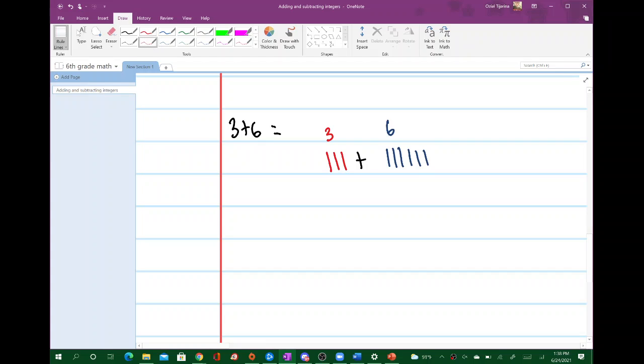Now when you add them together, you have 1, 2, 3, and then going again, 4, 5, 6, 7, 8, 9, because this is what 6 is, and this is what 3 is.